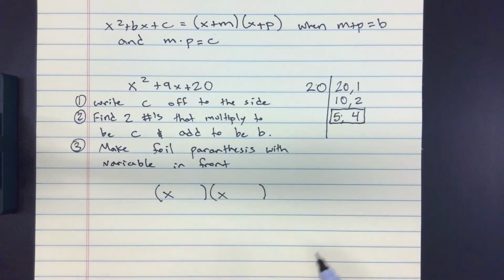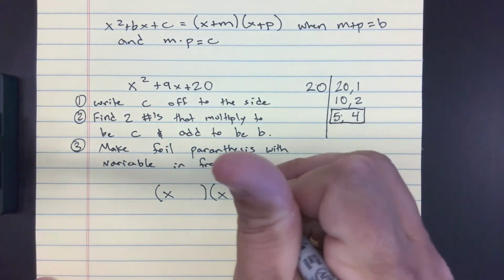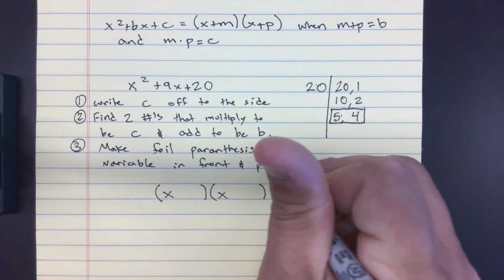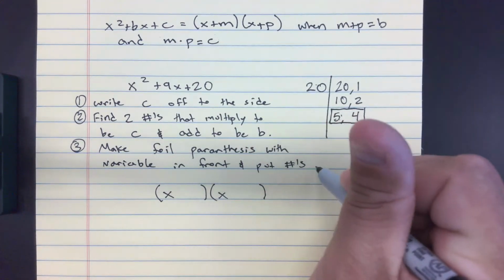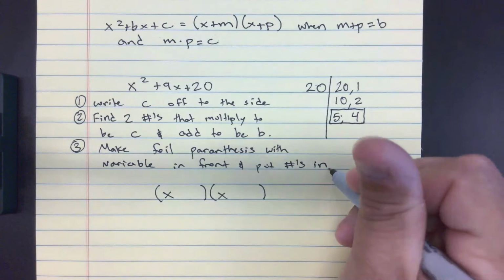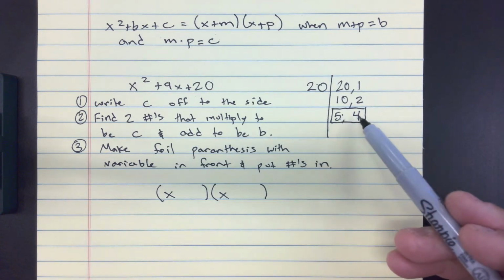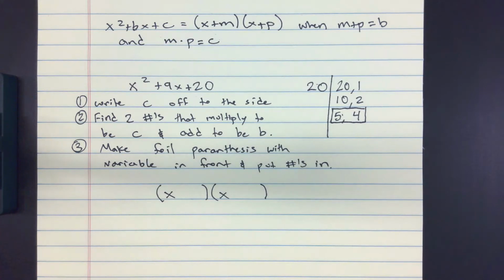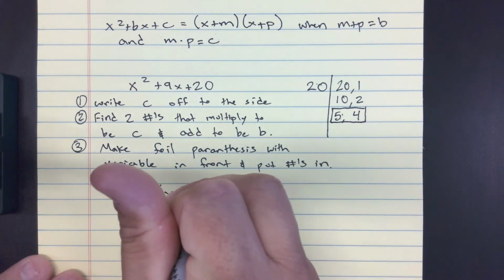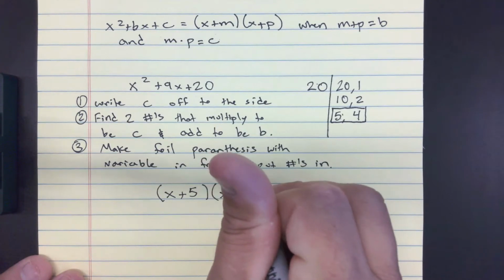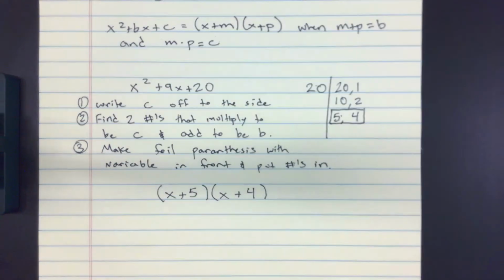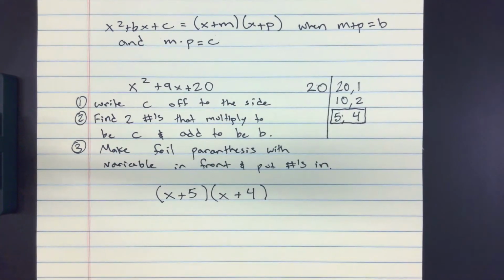Make FOIL parentheses with the variable in the front, and then put numbers in. So what are our two numbers? 5 and 4. They're both positive, right? So we're going to have a positive 5 and a positive 4. And we're done.